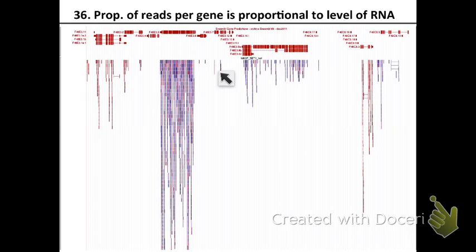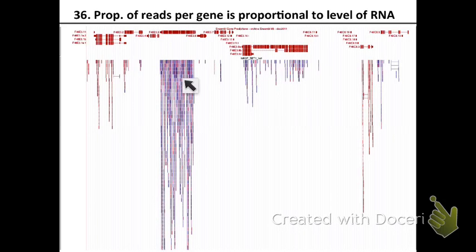And these are all the RNA-seq reads that map to this region of the genome. You can see all kinds of reads. The color coding here shows whether it's mapping to the top strand or the bottom strand, because sequences have direction.